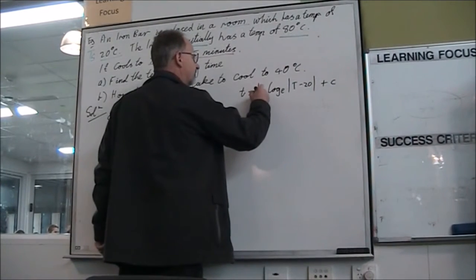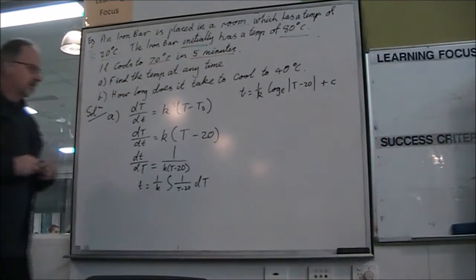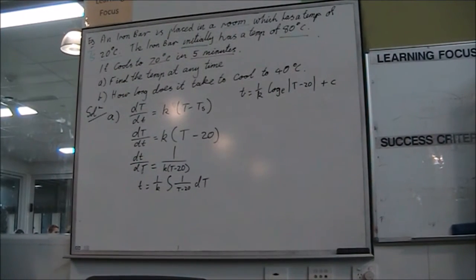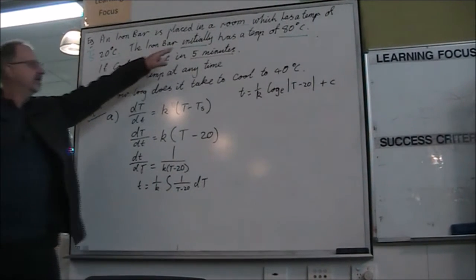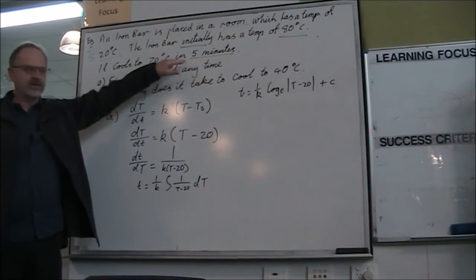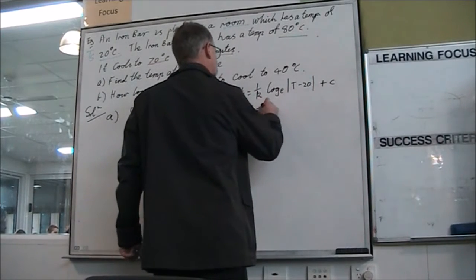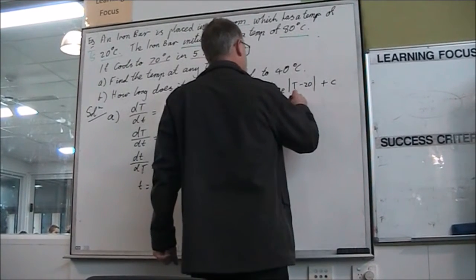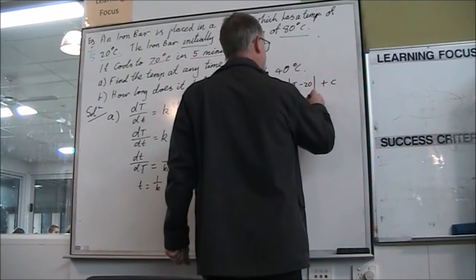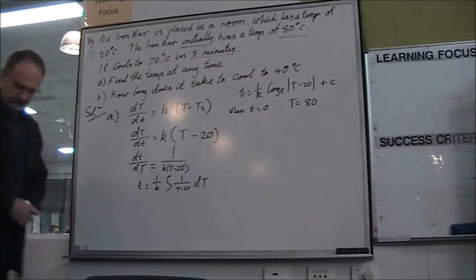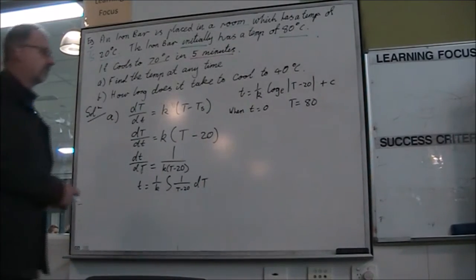Before I go rearranging to find the temperature at any time, I'm going to use these bits of information because I've got 2 constants, k and c, and I'm going to try and find out what they are. So I've got 2 bits of information. It's initially, I need 5 minutes. So when t equals 0, the temperature was 80. So we'll put in that information.